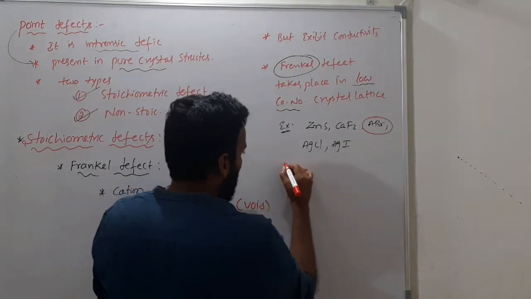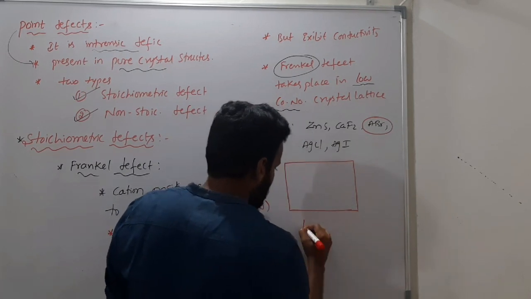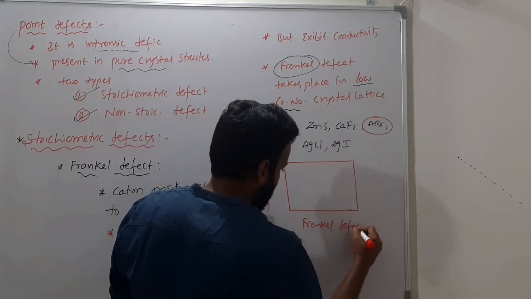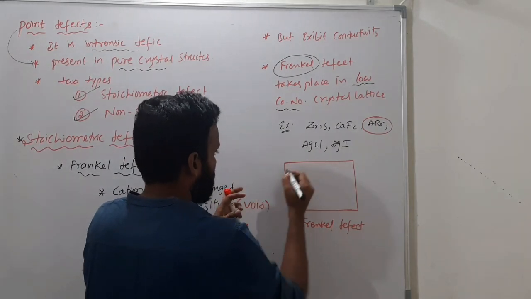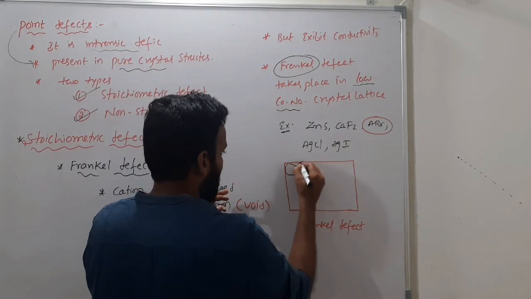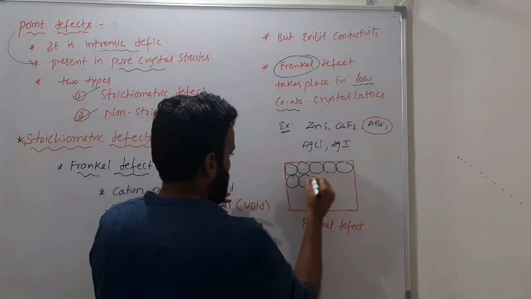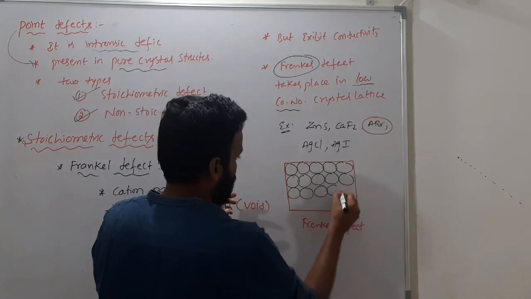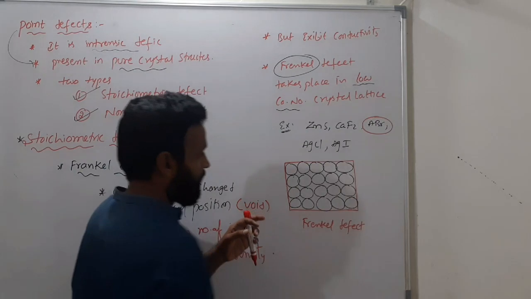In a diagram, how do we represent this Frenkel defect? Let's see how the ions are present. Here I'll show you atoms like this. To the third layer, I have space, that's why I am writing a fourth layer also.